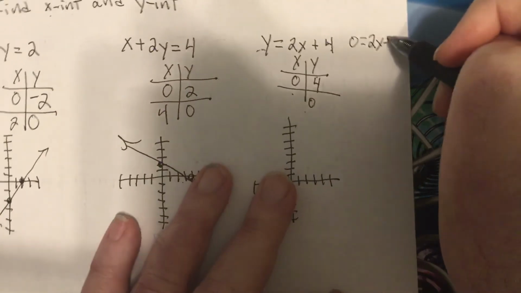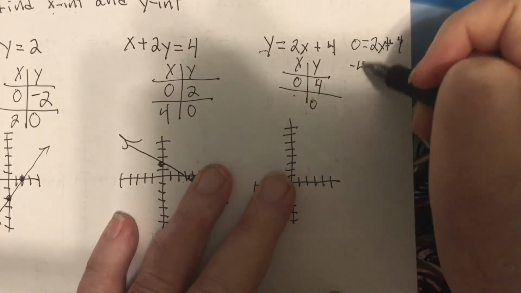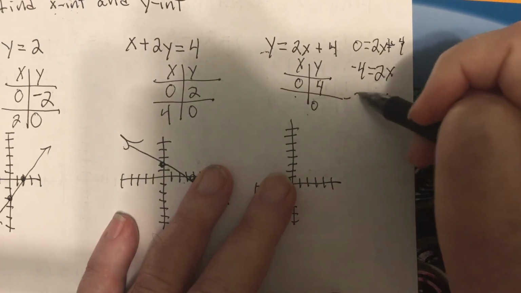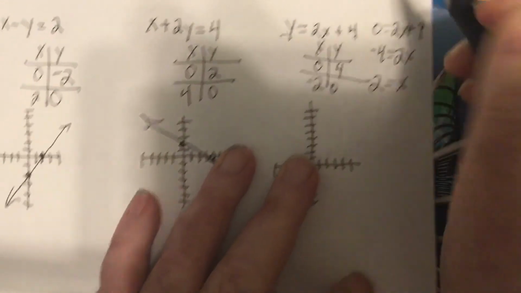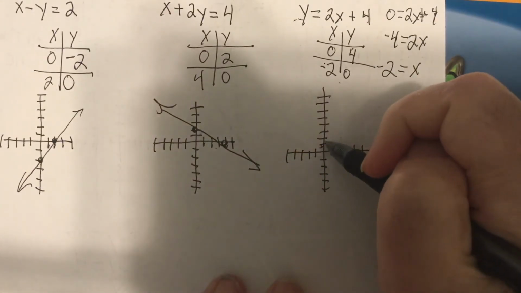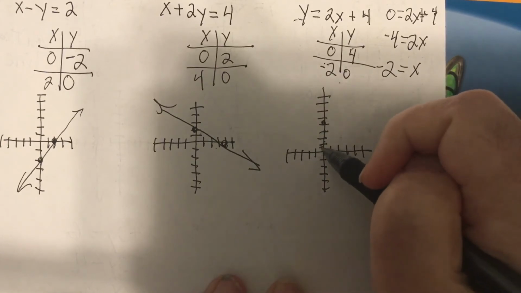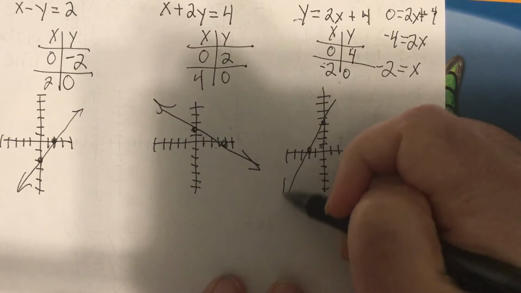Do something we learned before. How exciting. Subtract 4. Divide by 2. So that's negative 2. So 0, 4, and negative 2 is left 0.